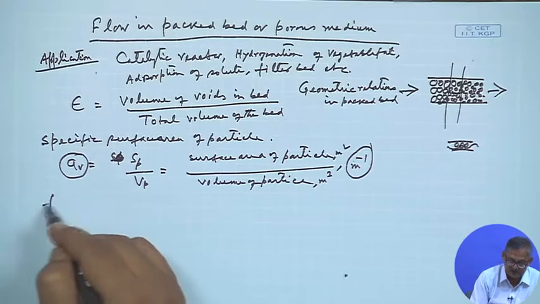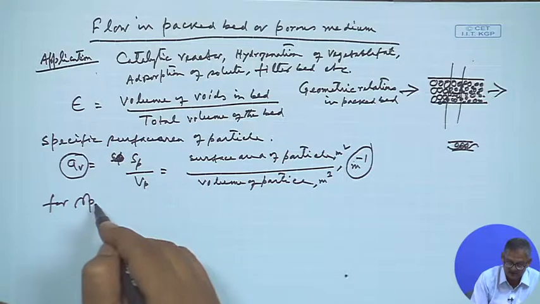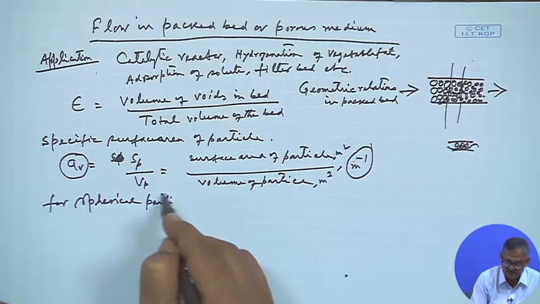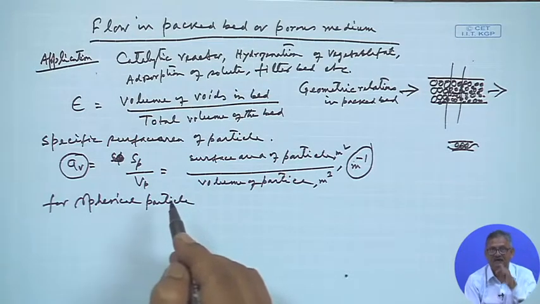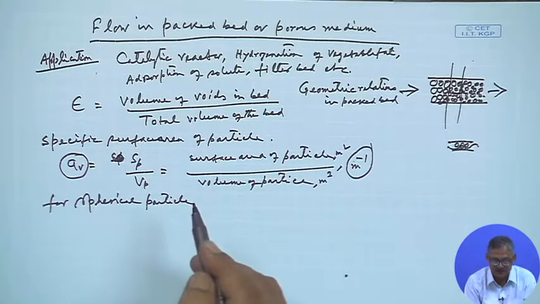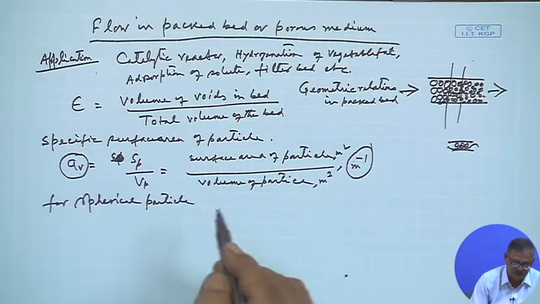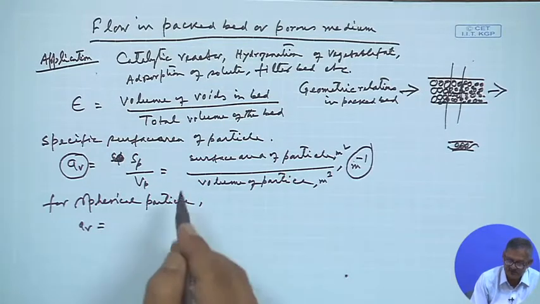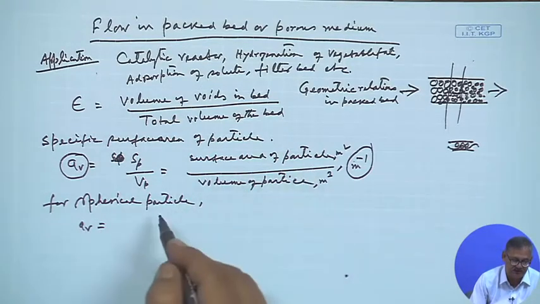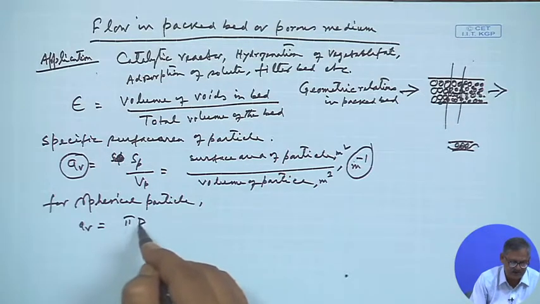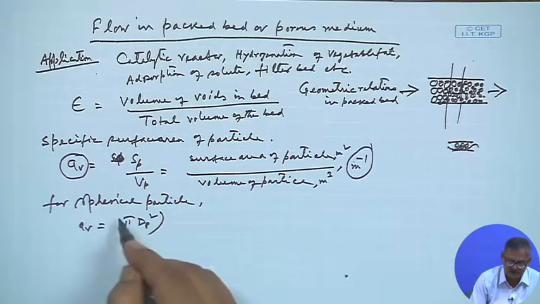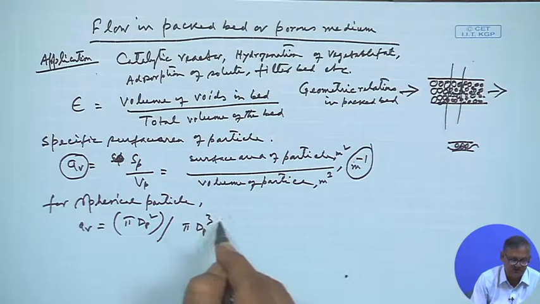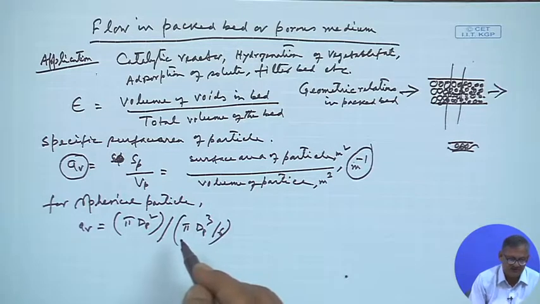Now, for spherical particle, we can say that AV is equals to surface area of the particle, that is pi d particle square divided by pi d particle cube by 6, right.